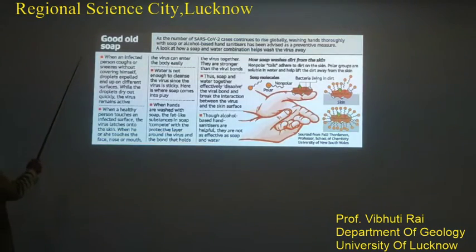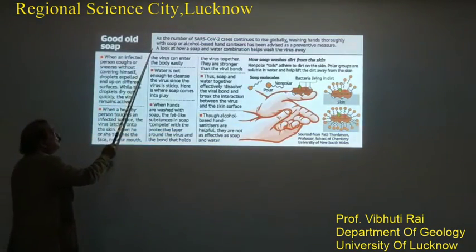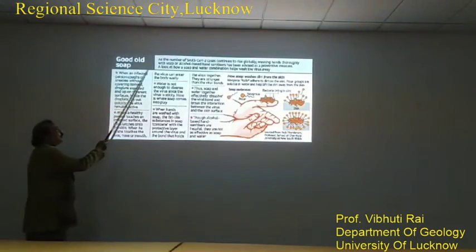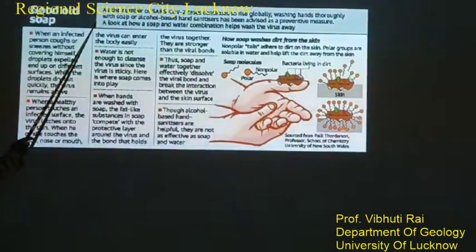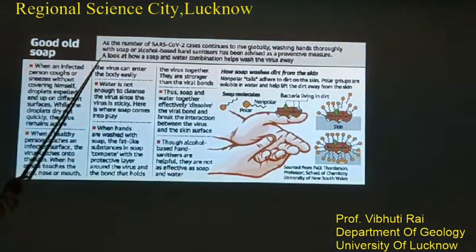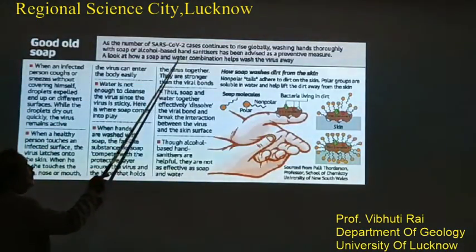So the good old soap is very useful. As the number of SARS-CoV-2 cases continues to rise globally, washing hands thoroughly with soap or alcohol-based hand sanitizer has been advised as a preventive measure.